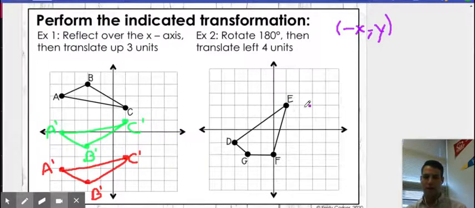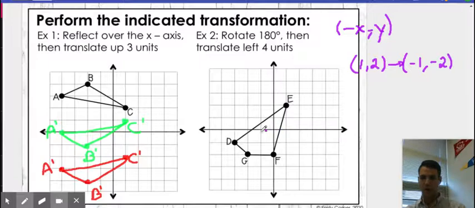So if I want to do this, I might want to label these points. I have 1, 2 for point E. I'm going to make that into -1, -2. And so -1, -2.